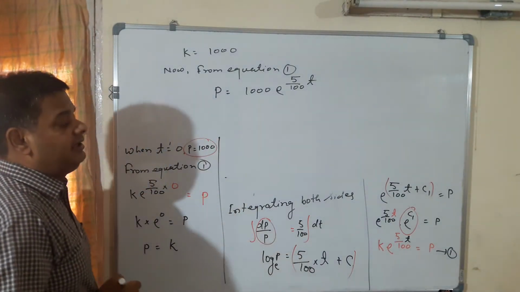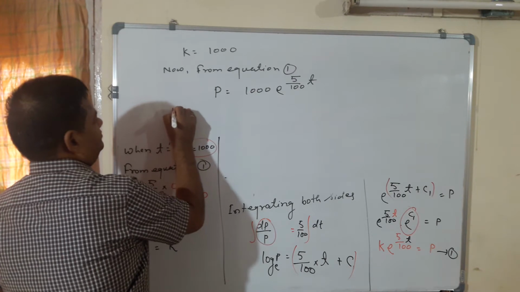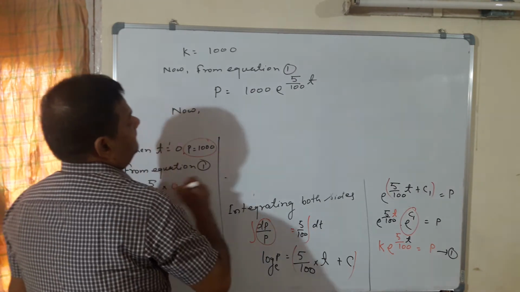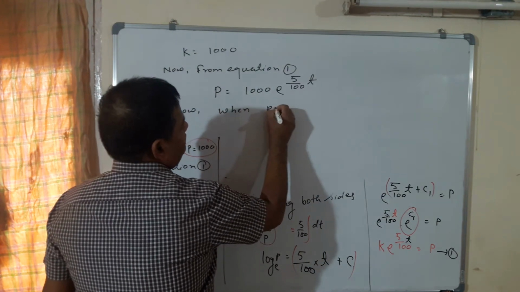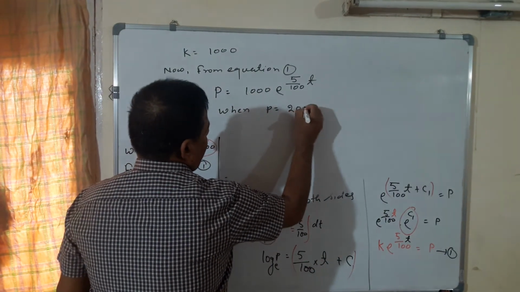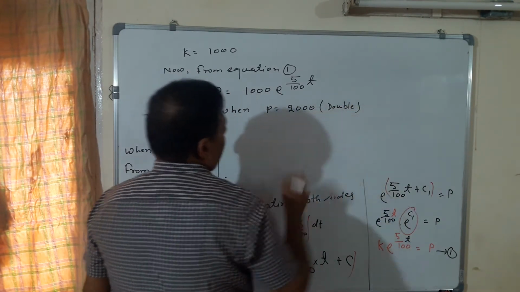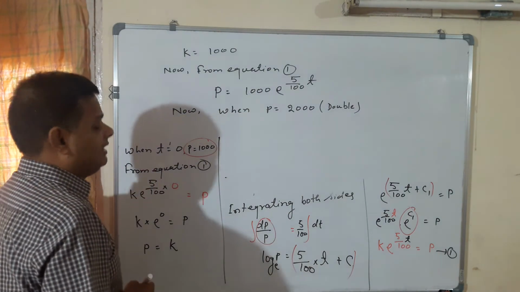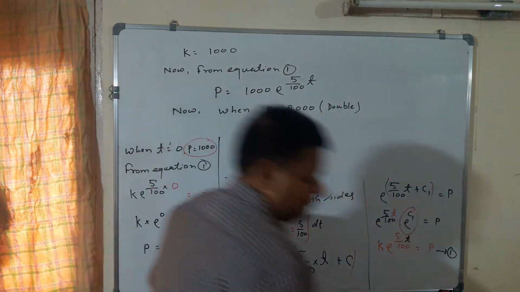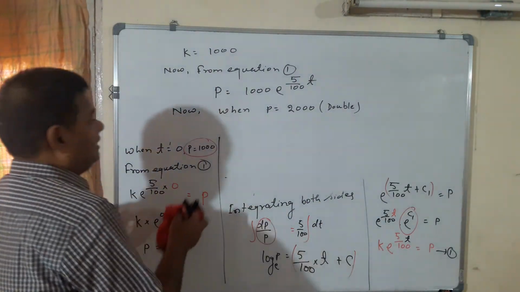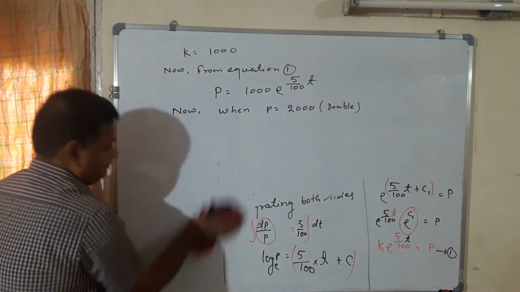Now the question is when it will become double. So when P equals 2000, meaning double, we have to find out the time t when it will become double.